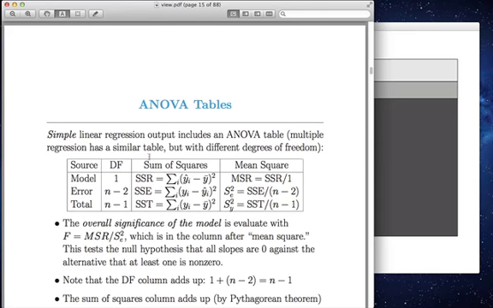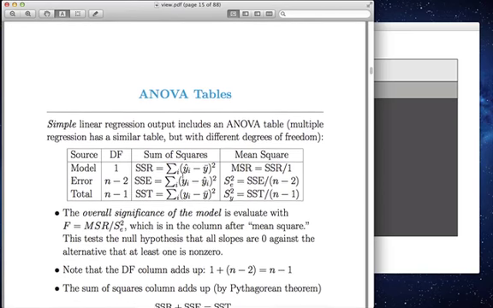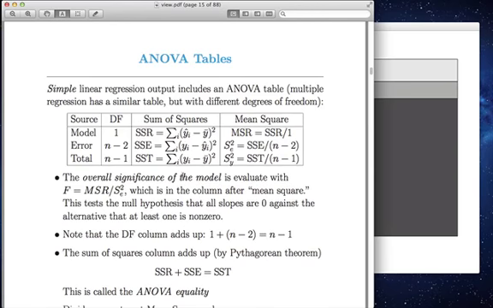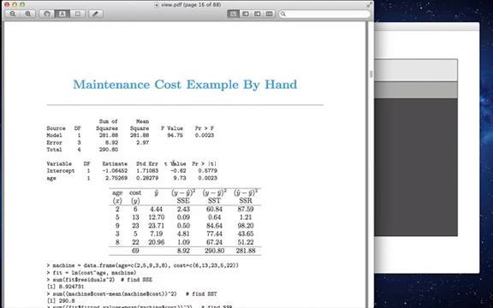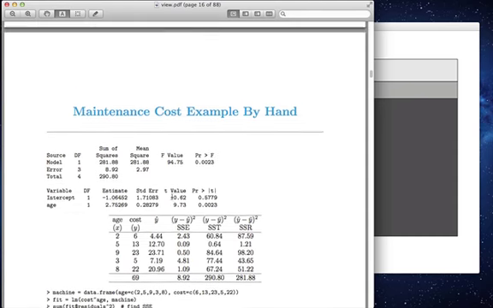So if you go back to this page from Simple Linear Regression, dealing with simple ANOVA tables, and work through this example in detail, that maintenance cost example is so small that you can really understand all the concepts.